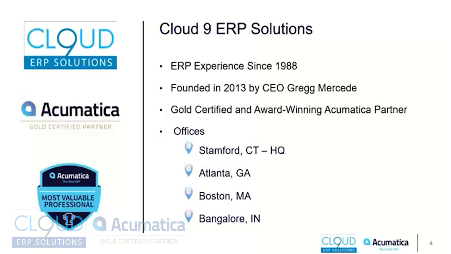We devote all our learning, our certification, and attention on Acumatica to ultimately give our customers the best experience they can have with the product. We have offices across the US. We're headquartered in Stamford, Connecticut, offices in Atlanta, Boston, and also in Bangalore for our development and customization efforts.